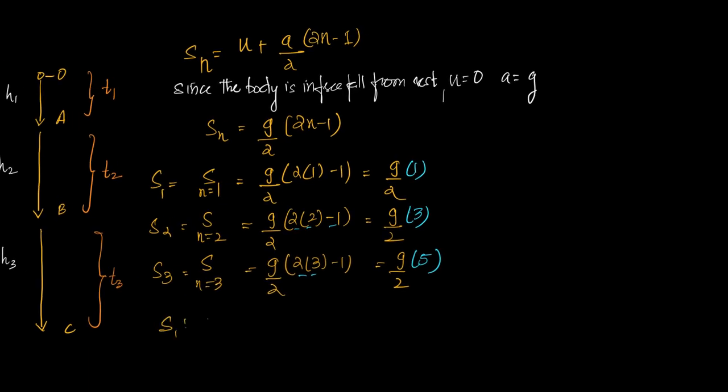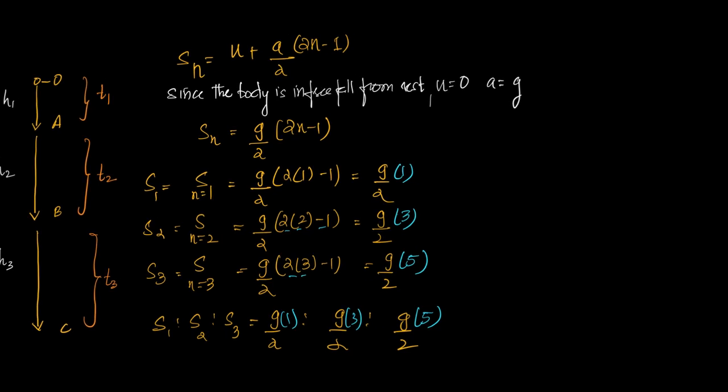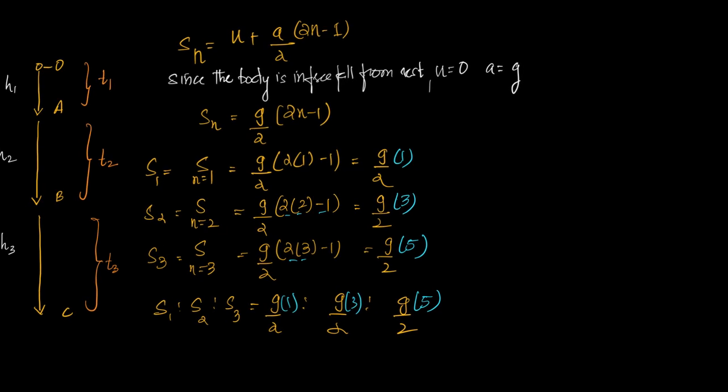The ratio of these distances, S1 is to S2 is to S3, which is equal to g by 2 is to g by 2 is to g by 2. And what are the remaining values? 1, 3 and 5. Now, if you remove the common ratios, what do we get? S1 is to S2 is to S3 is equal to 1 is to 3 is to 5.